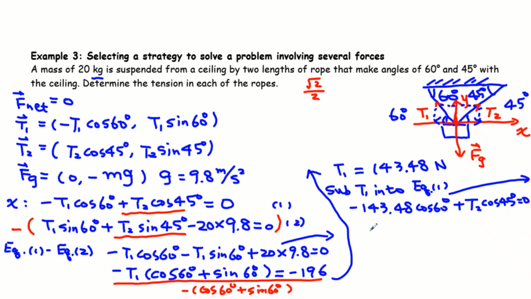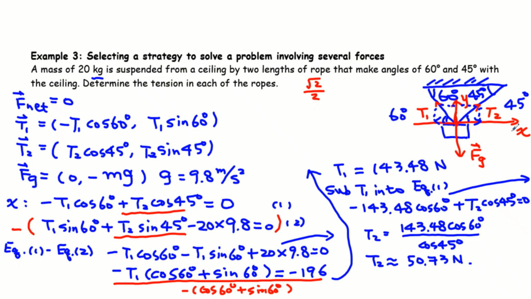We have T2 equals 143.48 cosine 60 degrees all over cosine 45. Then T2 is approximately 50.73 Newtons.